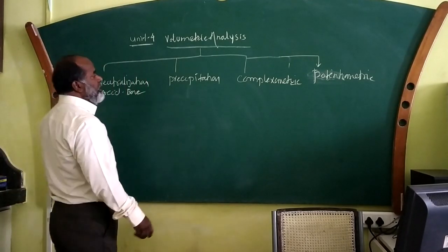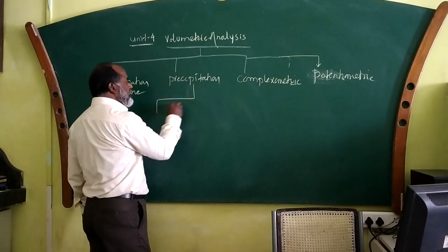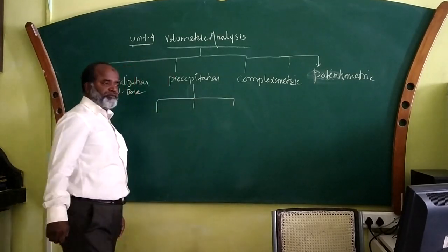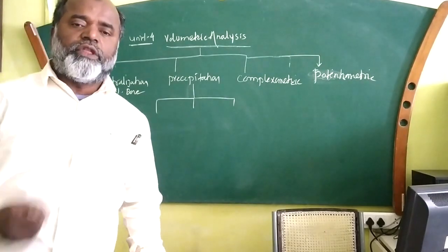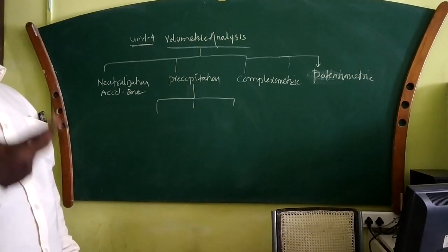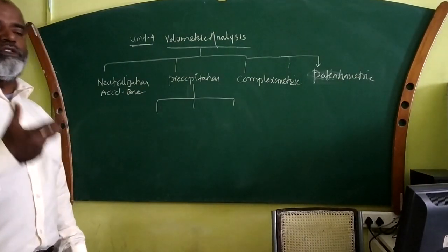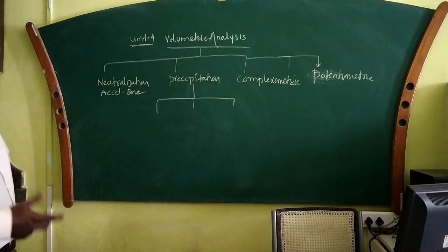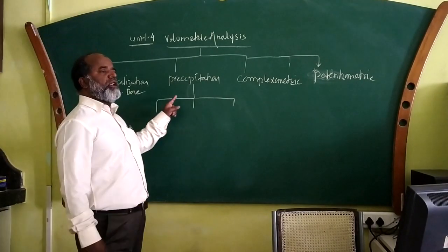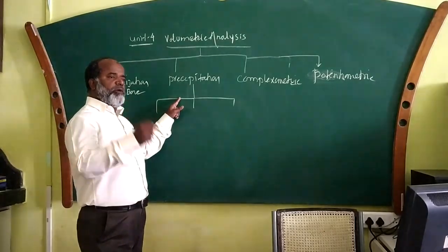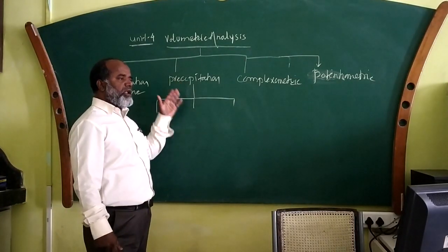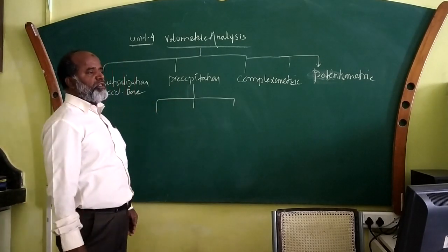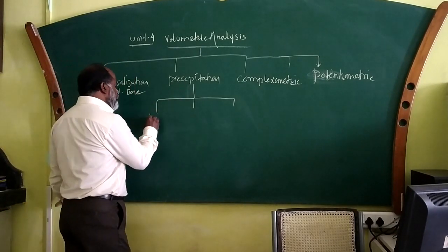In the same way, in precipitation titration, again there are three types, depending upon the type of indicator used, that is, the color of the precipitate which is formed at the end point. One is called Mohr's method.